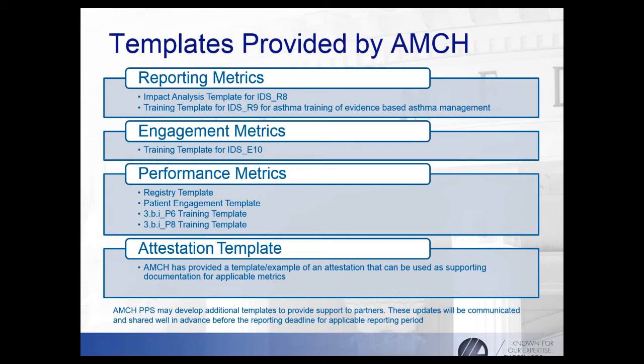As we've been discussing, there have been some templates provided by AMCH. There are specific templates for specific metrics and within specific components of the reporting process. So for reporting metrics IDS R8 and IDS R9, you have been provided some templates. For IDS R8, you will find an impact analysis template for that metric, and a training template for IDS R9 for the asthma training of evidence-based asthma management.